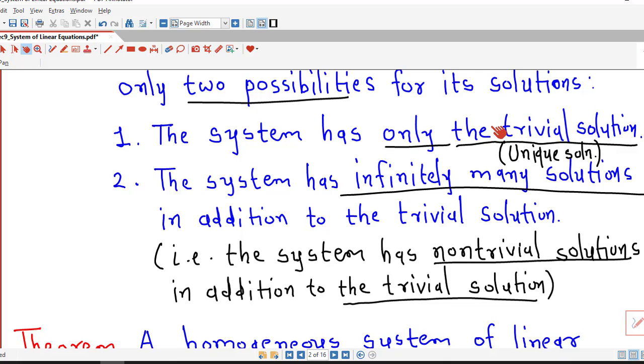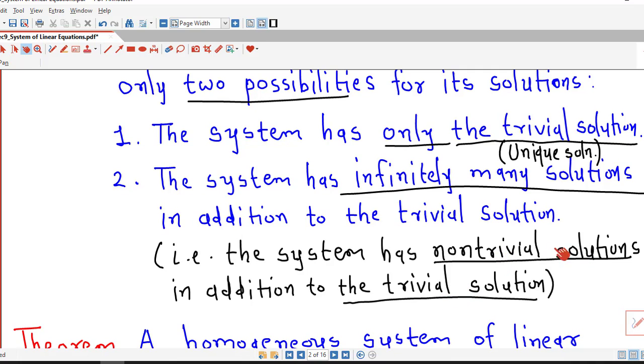So that solution is given the name trivial solution. Another possibility is the system has infinitely many solutions. These solutions include all other solutions in addition to the zero solution. So solutions which are different from the trivial solution are known as non-trivial solutions.